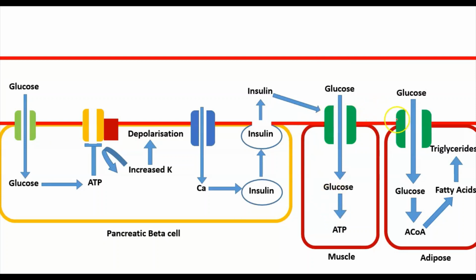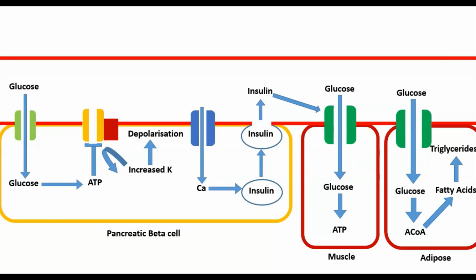Via the same mechanism, insulin can help glucose enter adipose cells or fat cells, which can then metabolize the glucose into fatty acids and ultimately triglycerides to store as an energy resource, which can be released back in the bloodstream to mediate ketogenesis as an alternative fuel source in times of starvation where glucose is not readily available.